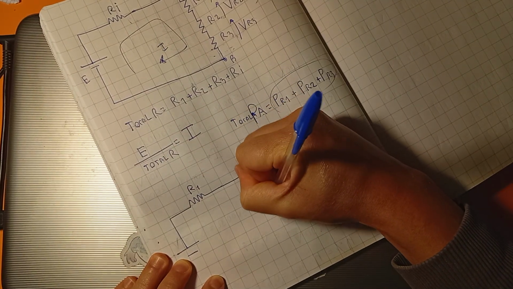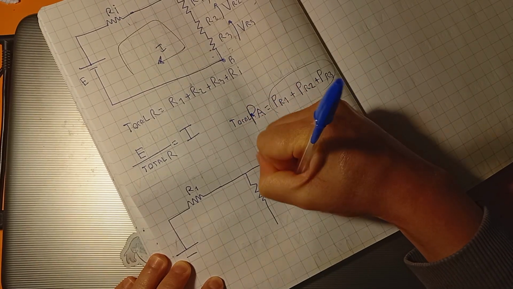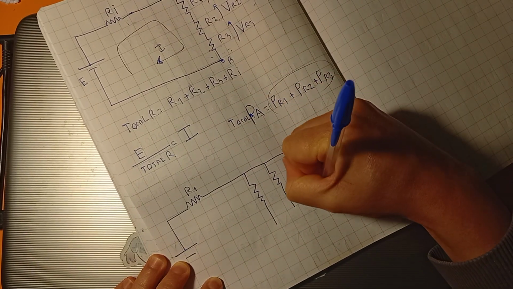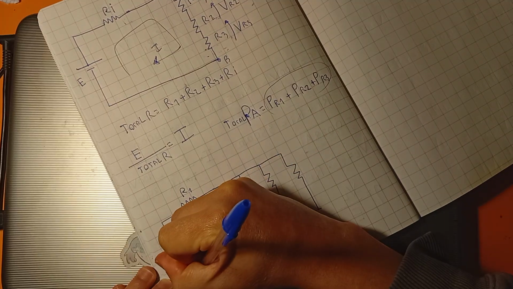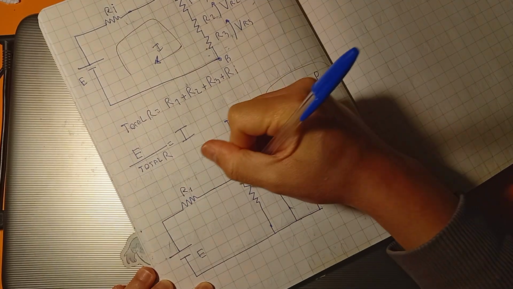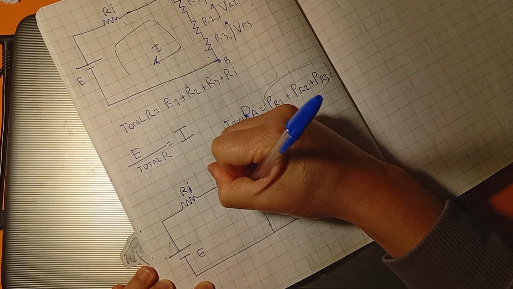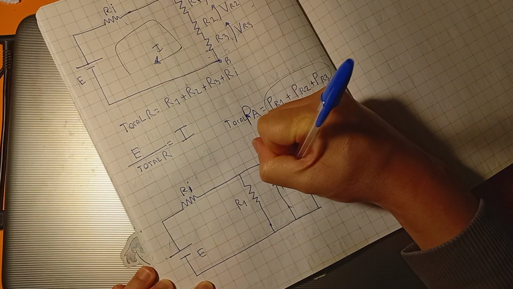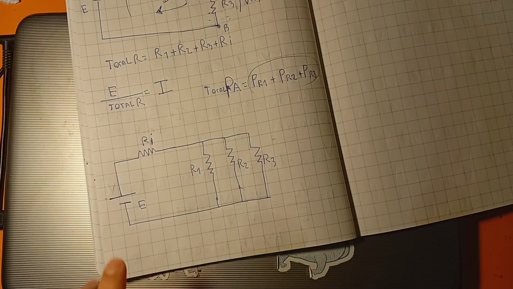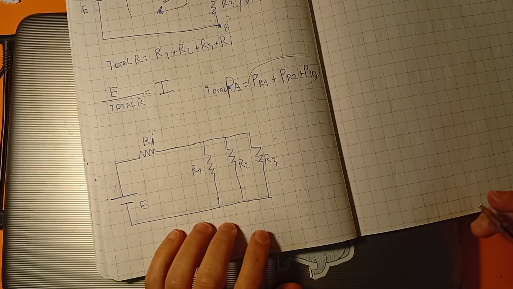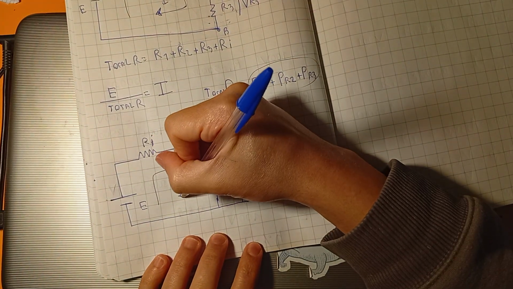If you have three resistors in parallel in this way, okay, if you have this situation, what do you want to do here? Well, you calculate the total current.